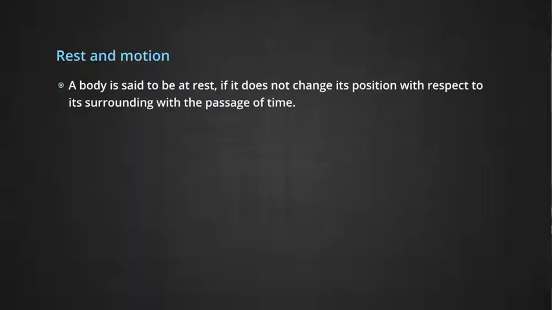Now that we have been talking about a rigid object, about it moving in a straight line, and about the surrounding, we are going to think about rest and motion. We say an object is at rest if it does not change its position with respect to its surrounding as the time elapses.